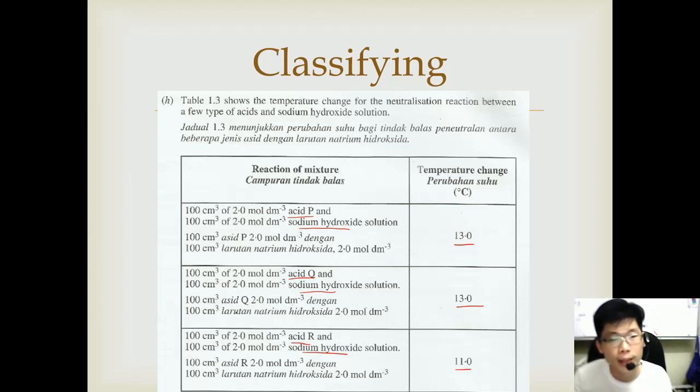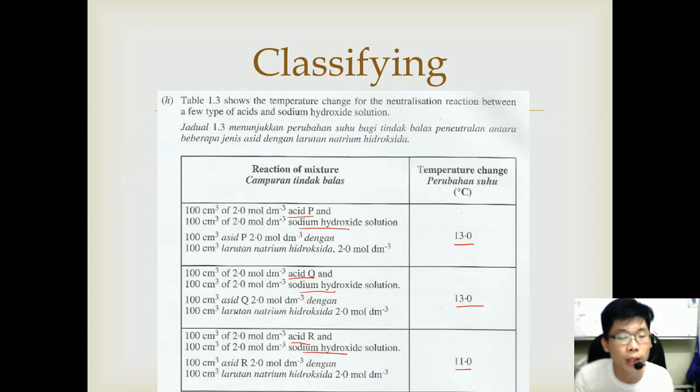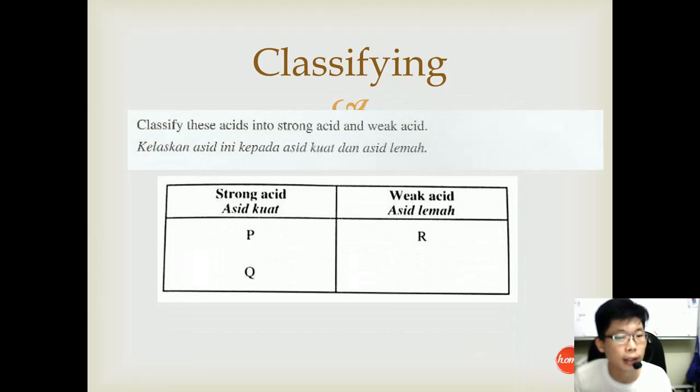Based on this, the question will ask you to classify the acids into strong and weak acid. How do we know whether it is a strong acid or a weak acid? We can refer to the temperature change. If a strong acid reacts with a strong alkali, the temperature change will be higher compared to the weak acid. So based on this, we know that acid P and Q are strong acids and acid R is the weak acid.